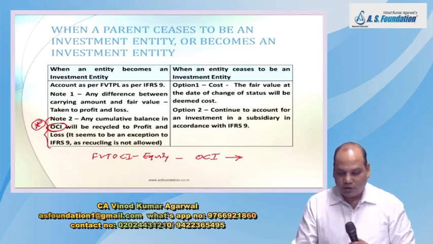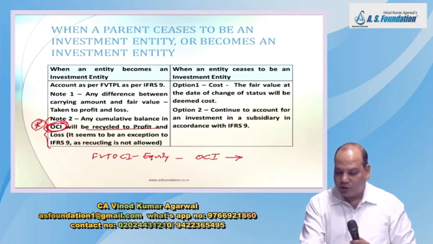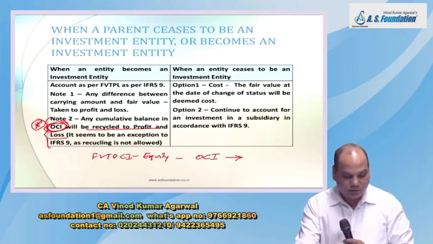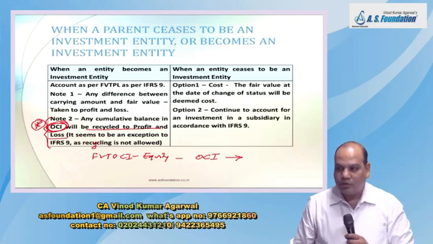But now in the standard they have given an exemption. Any cumulative balance in OCI will be recycled to profit and loss account only when a non-investment entity becomes an investment entity. So this seems to be an exception to IFRS, as recycling is not allowed.